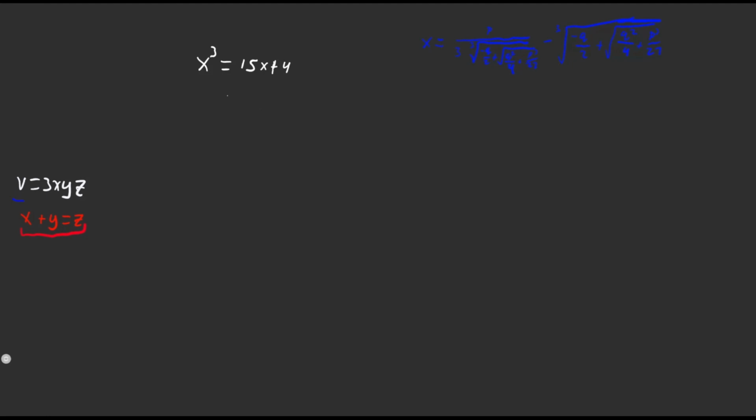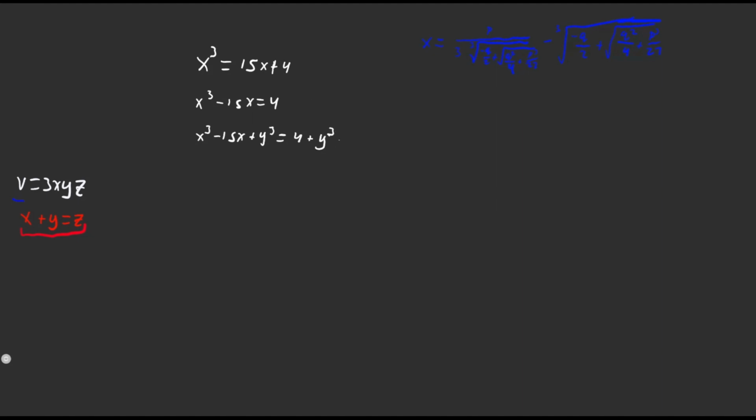And now we can go ahead and use the same method by subtracting 15x, so x cubed minus 15x is equal to 4. We just complete the cube now. Plus y cubed is equal to 4 plus y cubed.